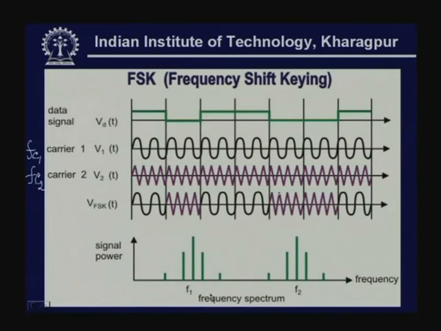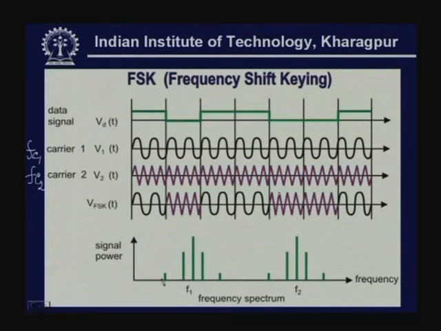Now, the question is, what is the frequency spectrum? As you can see, this is equivalent to sending two ASK signals, one of carrier frequency Fc1, another of carrier frequency Fc2. As a consequence, the bandwidth of the frequency shift keyed signal is much higher.